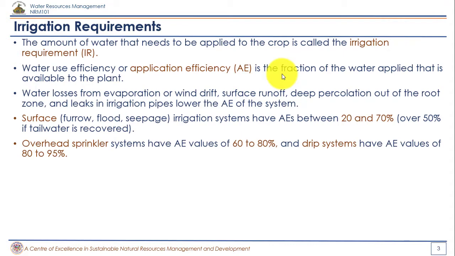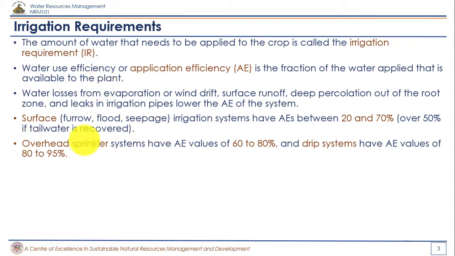So 4 liters are getting wasted, and that 1 liter that is available to the plant is what application efficiency is all about. So it is the fraction of the water applied, or the irrigation requirement, that is available to the plant.